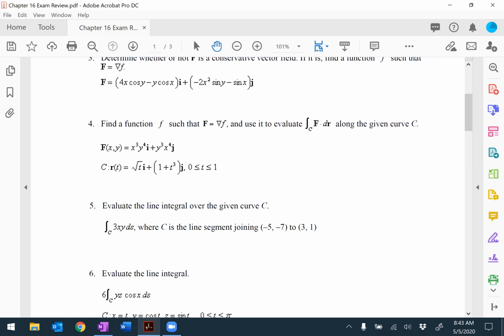Again, I don't want to have to parameterize this and do it all by hand. That would be a pain, especially with all those square roots, and the cubes of the square roots. That's not going to be fun. So let's use the fundamental theorem of line integrals for number 4.